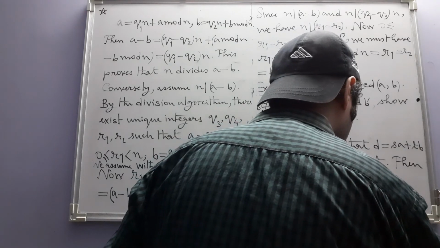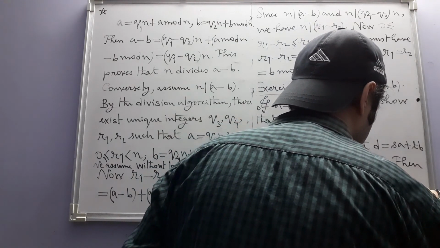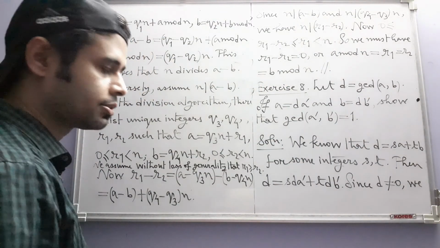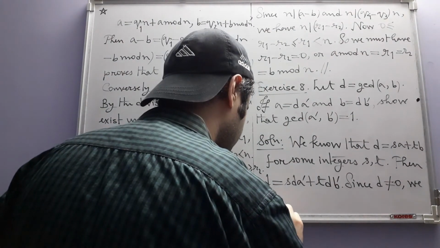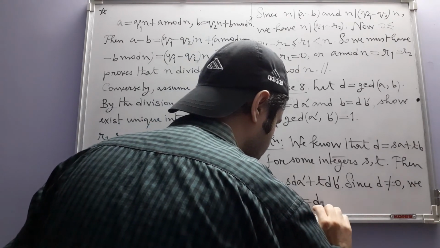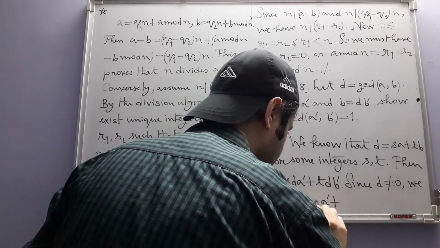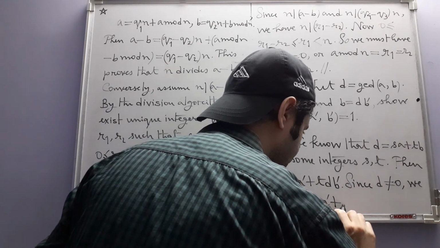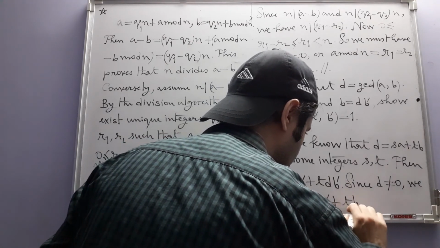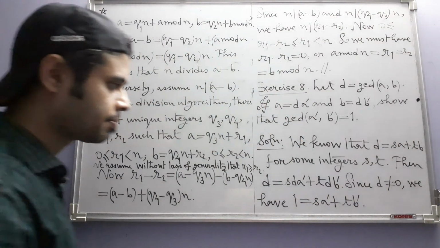Since d is not equal to 0, we can cancel d from both sides. We have 1 equal to s a prime plus t b prime. Okay.